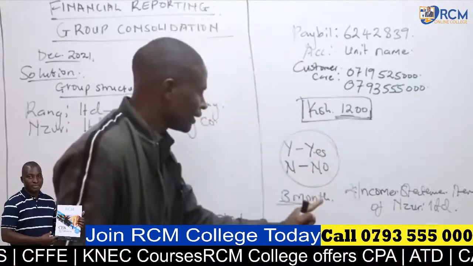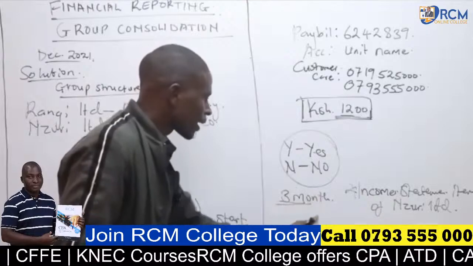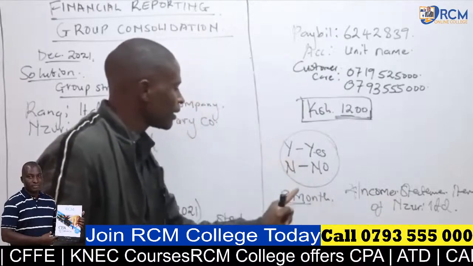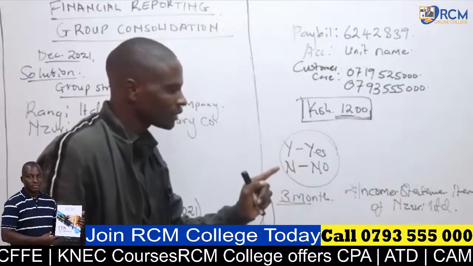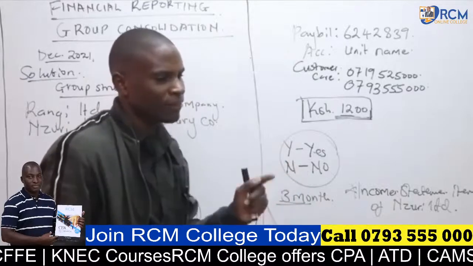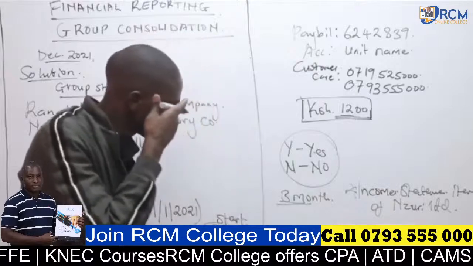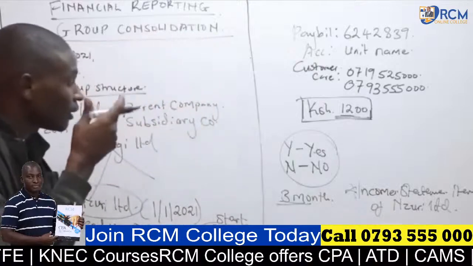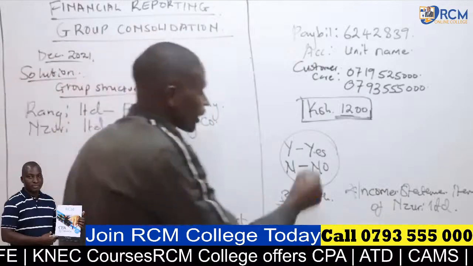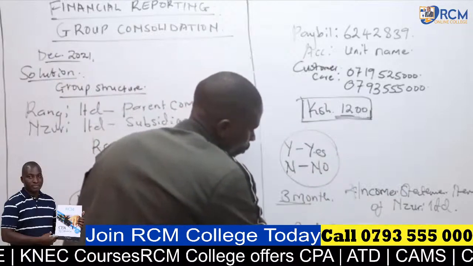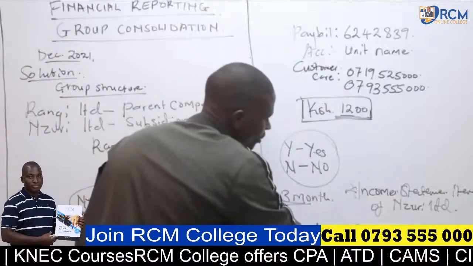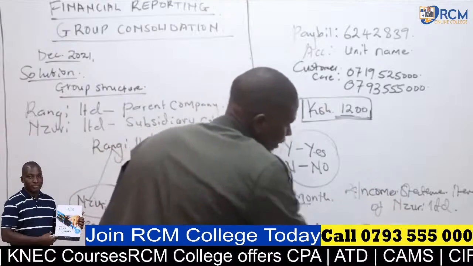Since our Lange Limited, which is our parent, acquired Zuri Limited, which is our subsidiary, in between its financial year, we apportion. For example, let's say revenue of Zuri Limited was 300.